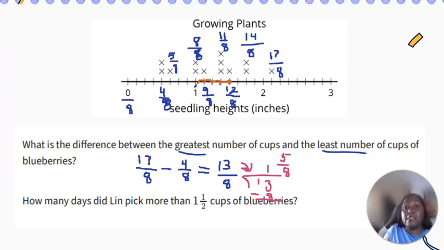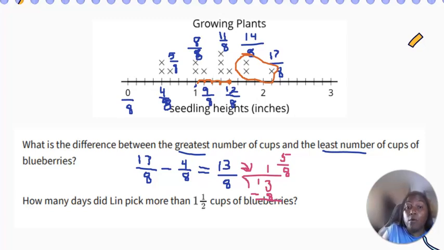So what that basically tells me is I'm not counting anything before 1 1/2. Okay? I am going to make this so that my answer would be 2. Well, nope. I just count these 3 X's right here. So it says more than 1 1/2, not 1 1/2 and more.